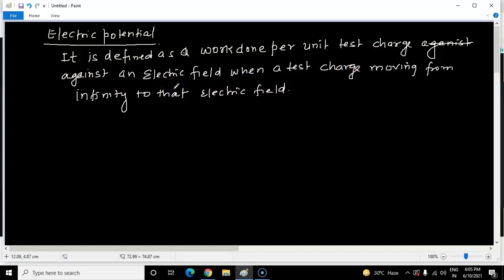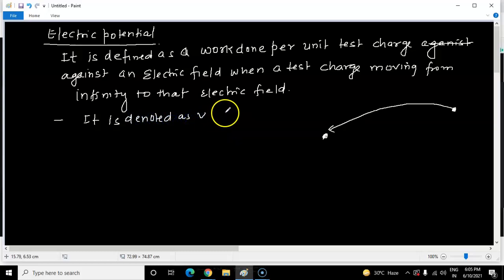So mainly you can say that the test charge here is a positive small unit charge, brought from infinity to any particular point. Whatever work has to be done, that is called electric potential. Getting here? It is denoted as V, and the SI unit is volts.